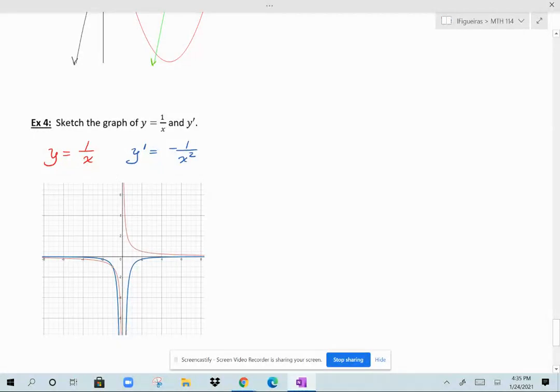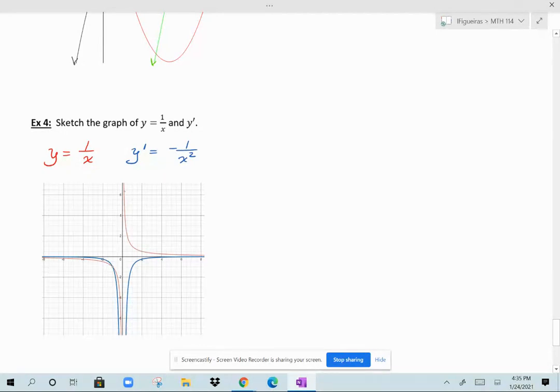So let's look at 1 over x. When I am on 1 over x, any point on that red line is going to have a negative slope. And you can see that my blue curve is below the y-axis everywhere where my derivative here is negative.